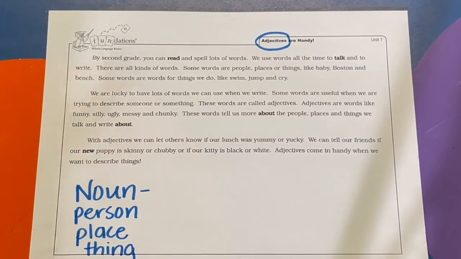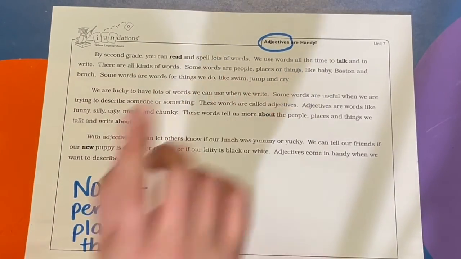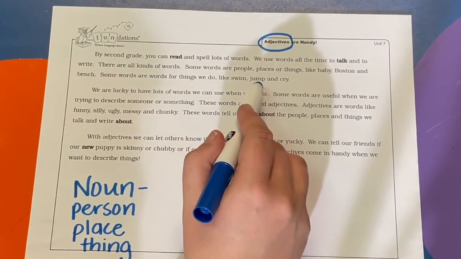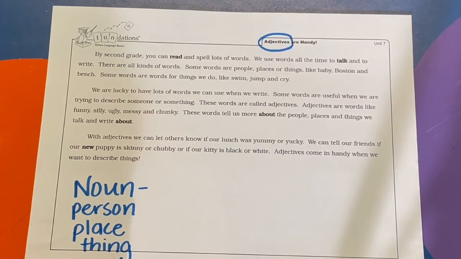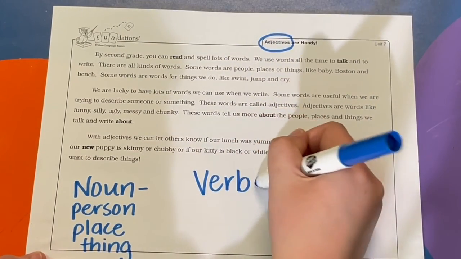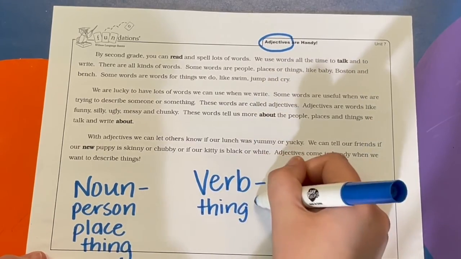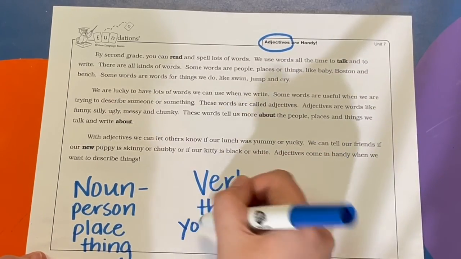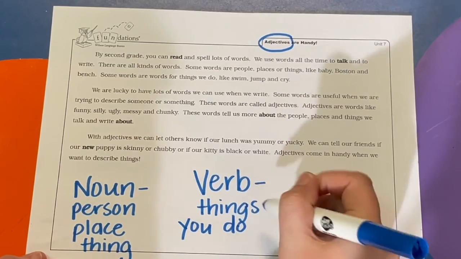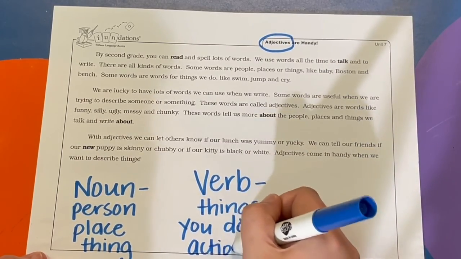What about the next part of that sentence? Some words are words for things we do, like swim, jump, and cry. What are those type of words? Good. It's a verb or an action word. Things you do. Or action words. Same thing.